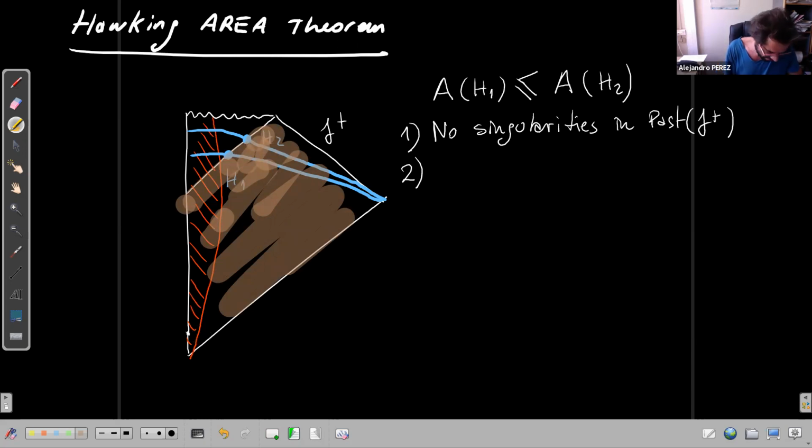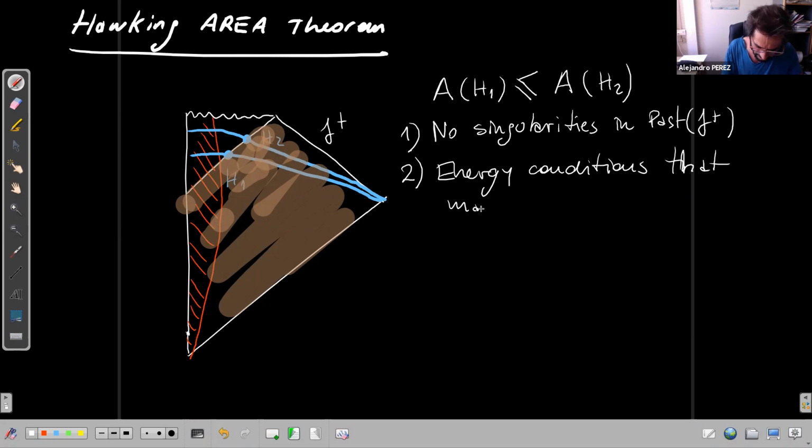And the second assumption is an assumption about energy conditions. So you assume energy conditions that make gravity focusing.